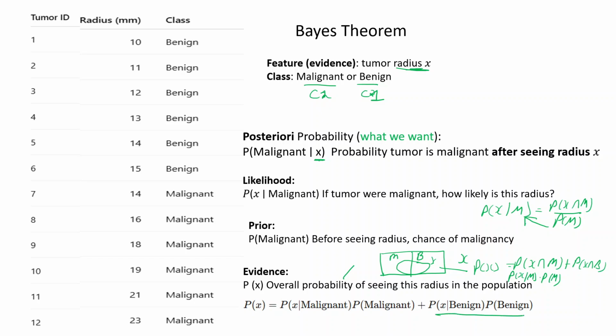Similarly, we can write it for the benign case. This evidence is nothing but the total probability of that particular event. Therefore it combines both classes, because there are two classes here.